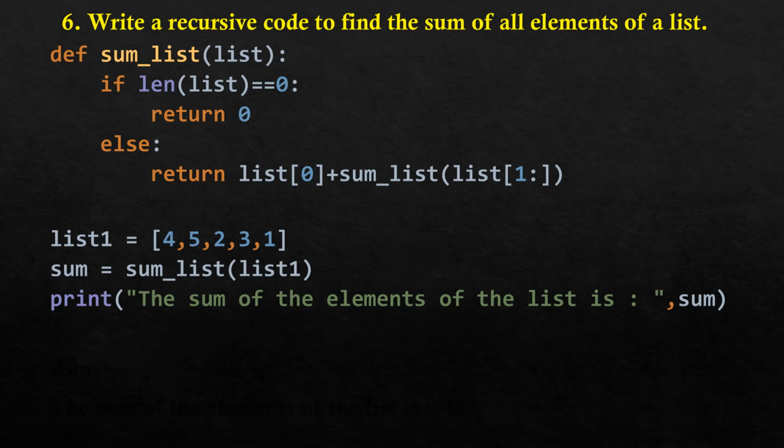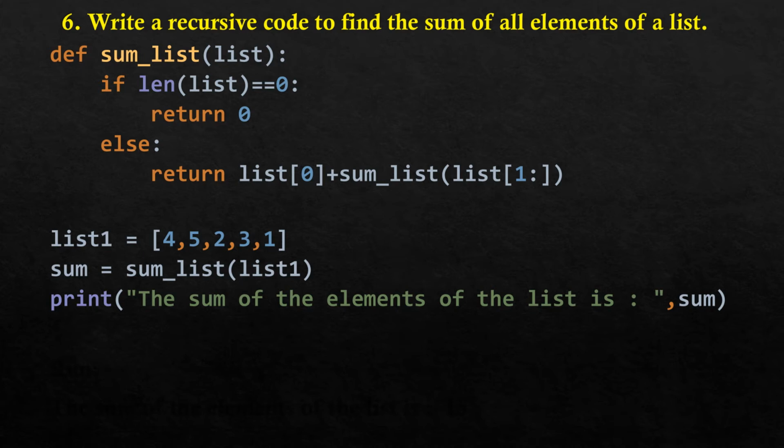And the recursive code is, it will return the sum of the first element of the list and the recursive call of the same function with the list as parameter, where the list becomes list[1:]. That means the list contains all elements from index number 1 onwards, excluding the element which is present at index number 0.